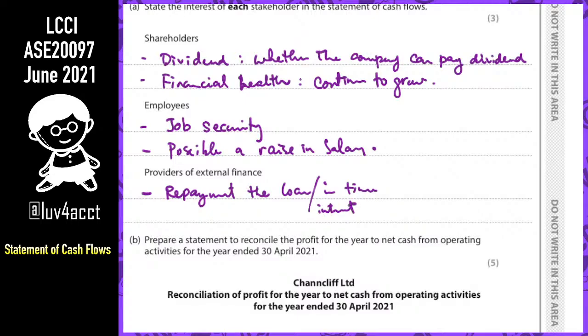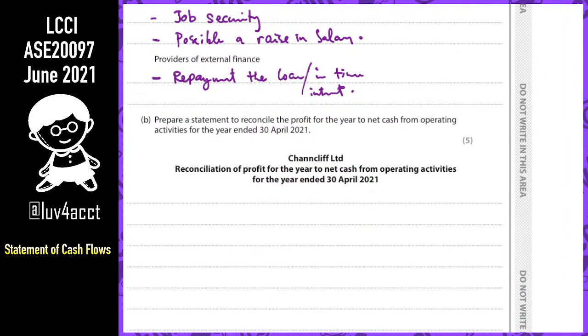If the loan is not yet due, yearly or half yearly, I will receive the interest. But if there's no cash, if the financial health is very bad, then they may not be able to pay us interest, not mentioning the large amount of loan that needs repayment. So 3 marks. Easy marks for you.